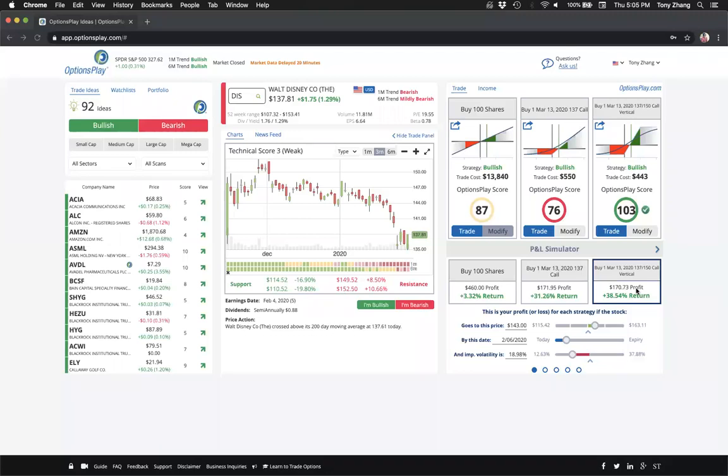I really appreciate it. Adrian's asking, if theta is 0.5, does that mean the option loses 50 cents throughout the day? So if it's 0.5, then yes, it means it loses 50 cents per day, and that loss will happen throughout the day. Now, keep in mind that when we talk about theta, this is in a vacuum, meaning if everything else stays constant, if the stock price stays constant.